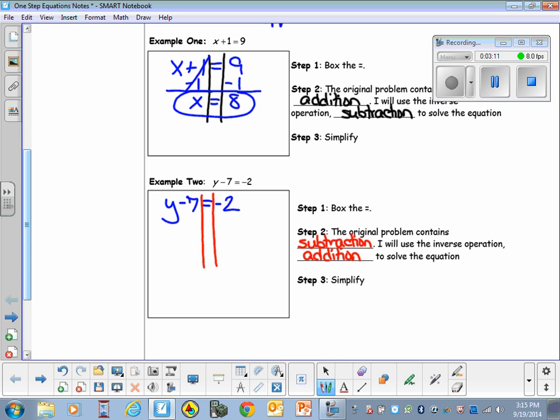The inverse or opposite of subtracting 7 is adding 7. Again, make sure you do it to both sides in order to keep the equation balanced. Negative 7 plus 7 equals 0. We say that cancels out. That leaves us with y on the left. Negative 2 plus 7 is 5.